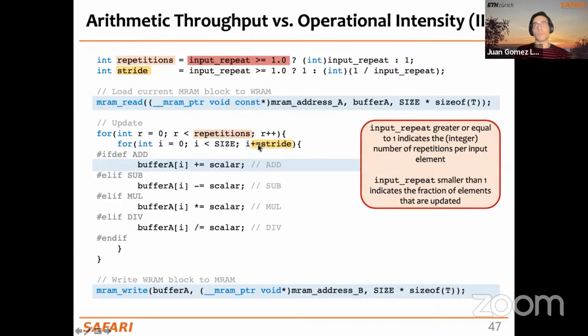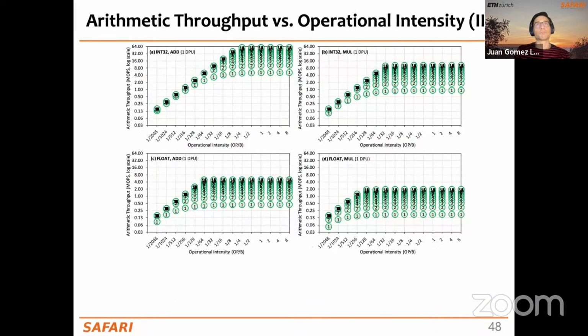There is some stride here because for very low operational intensity, we are not even going to operate on all the elements of the array, so we would be jumping. For higher operational intensity, the stride is equal to 1, and what we do is repeat many times on each element of buffer A.